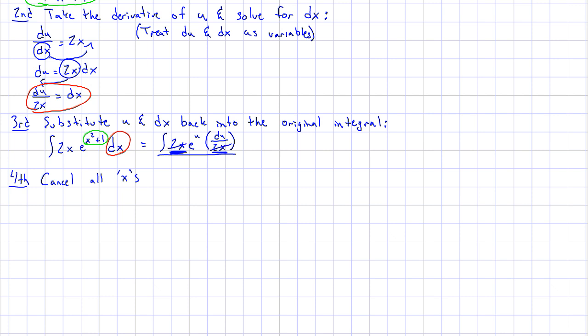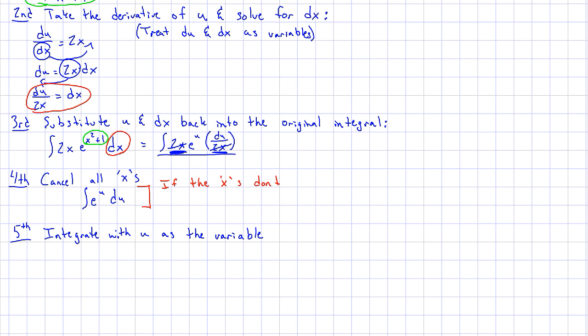Those two actually cancel, and I end up with the integral of e to the u du. The next step is to integrate with u as the variable. I should note in this step, if the x's don't all cancel, there's a problem somewhere.